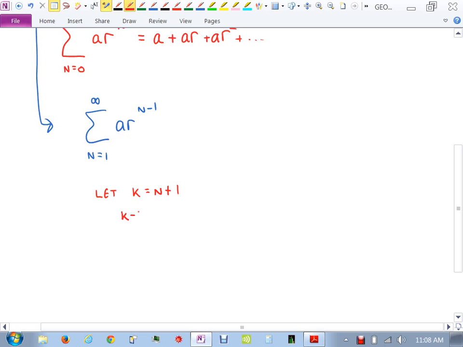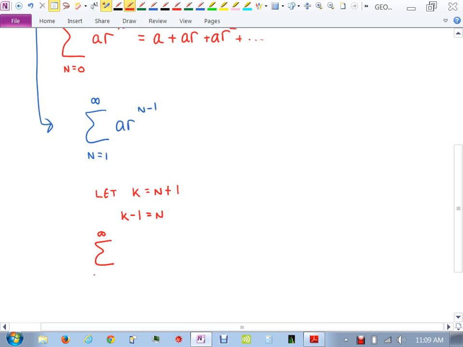What's k minus 1? What do you get? N, right? So replace all of your n's with k minus 1, and what would you get? Come up to your sum. Infinity.